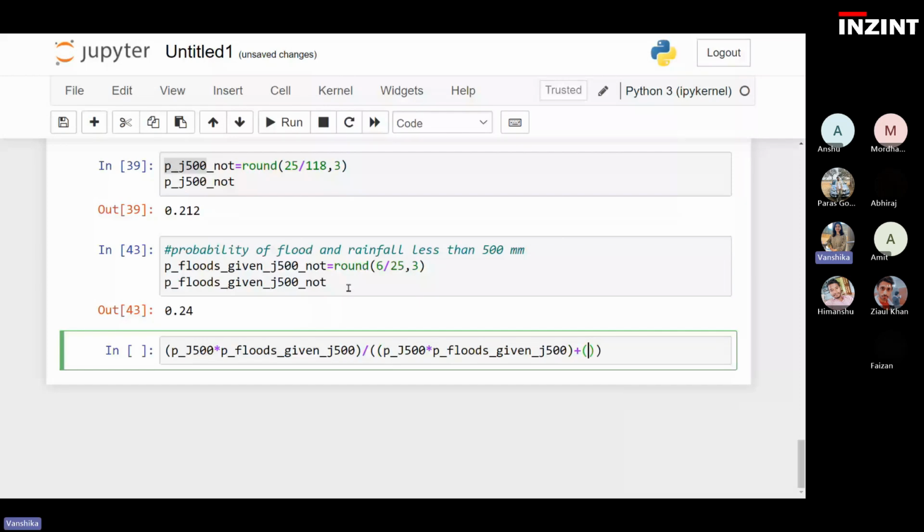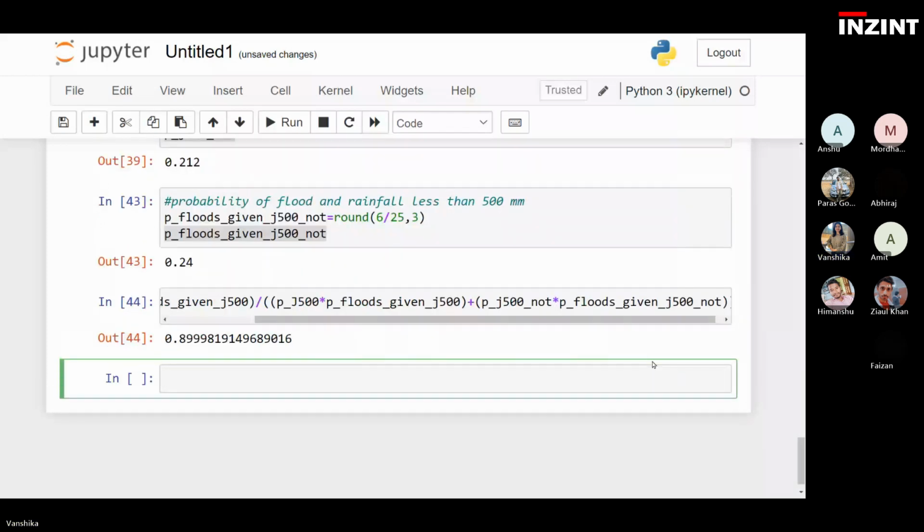So this, and multiply it by the complement conditional probability. What do I get as a result? I get 0.89.